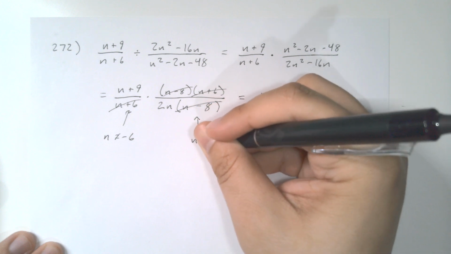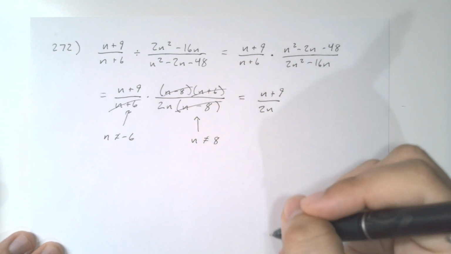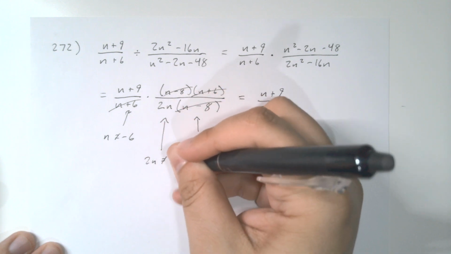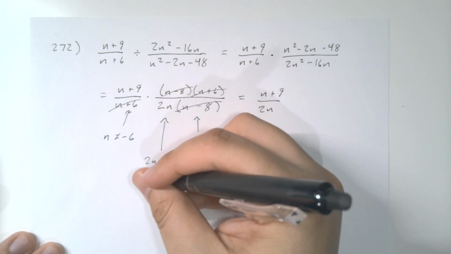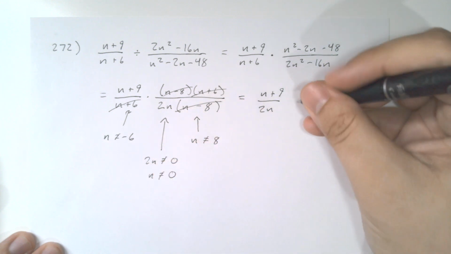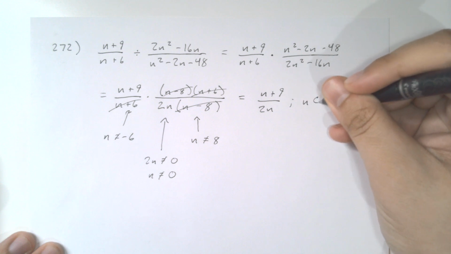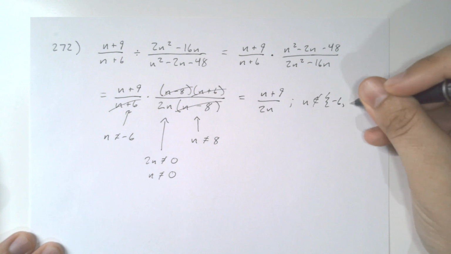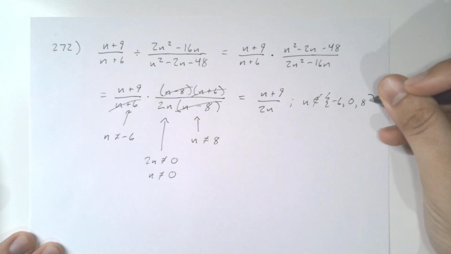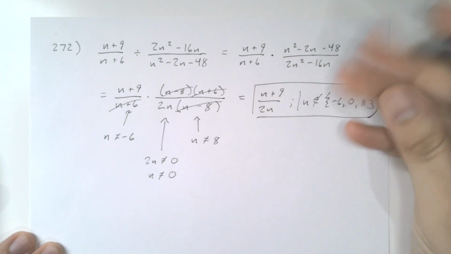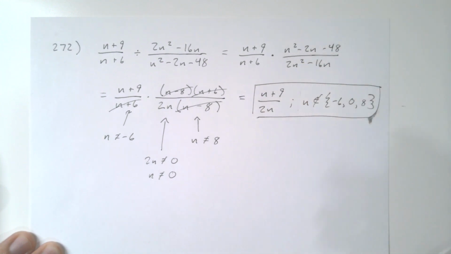From here, we have that n can't be equal to positive 8. And from here, we have that 2n can't be equal to 0. And dividing by 2 on both sides, n can't be equal to 0. So our excluded values are that n can't be an element of the set {negative 6, 0, and positive 8}. And so this is our final answer.